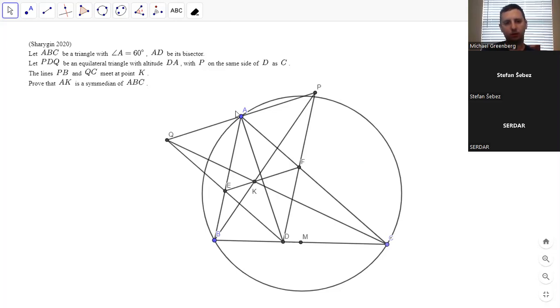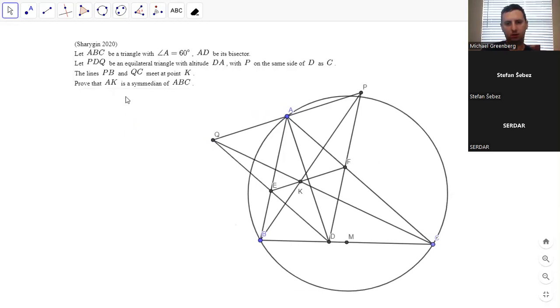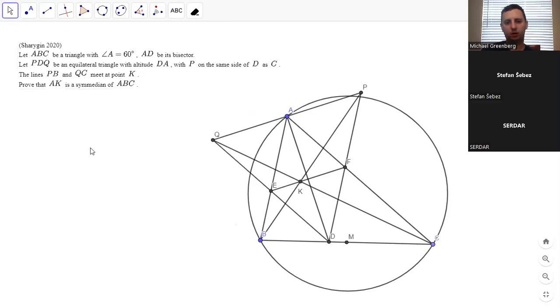We know that AD equals square root of 3 times AE, and we know how to calculate AD. So we calculate AD, and by this we calculate AE, and it becomes true. I will write the computations to Discord.